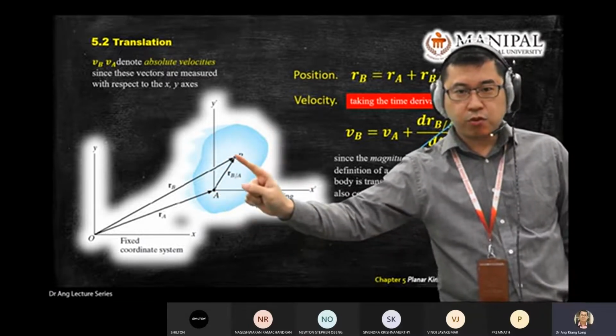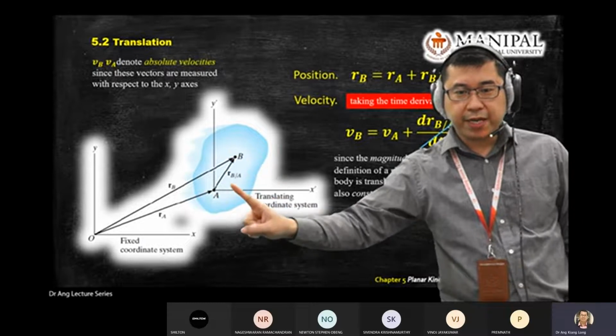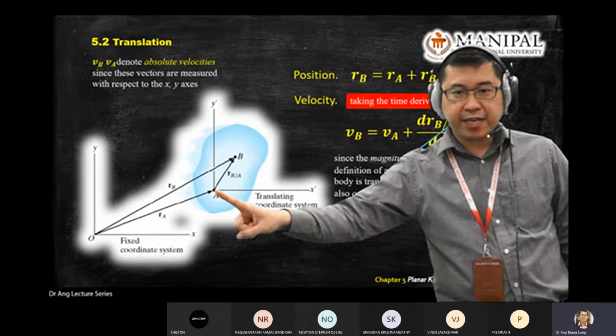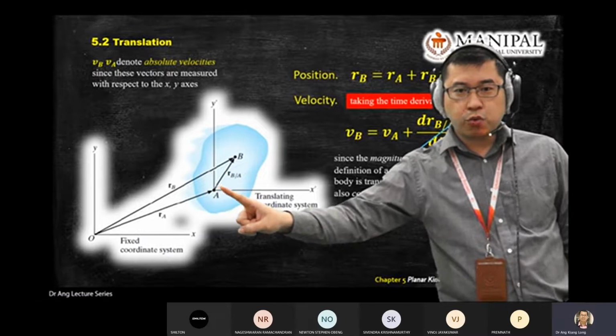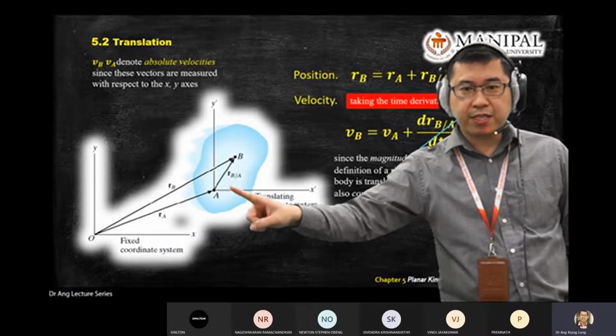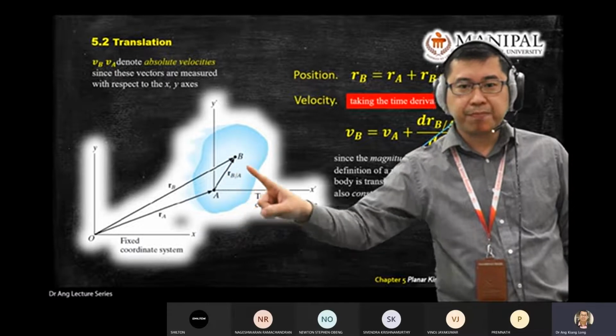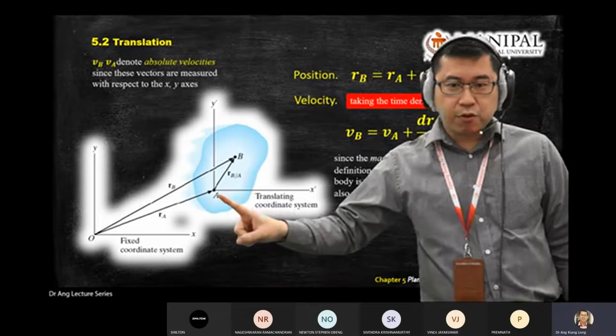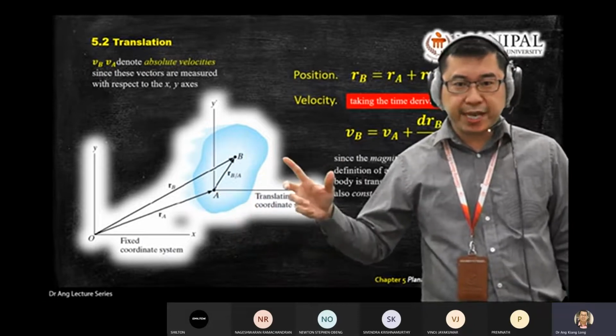A to B or B to A. But in this case, it's R, B stroke A, means if you stand at A, you watch B, the distance that you watch is always the same. Correct? Means relative position. If you stand here, look at B, always same.